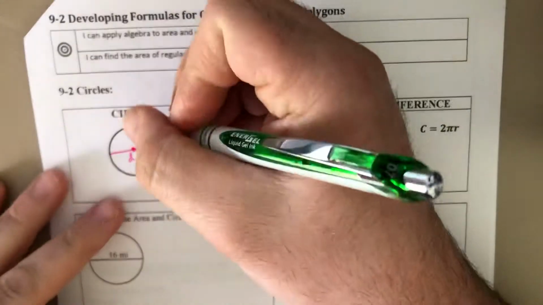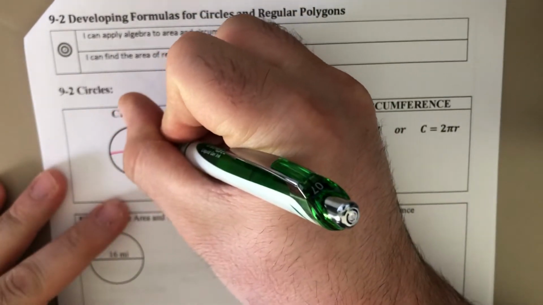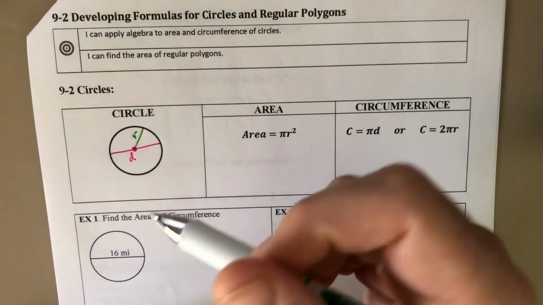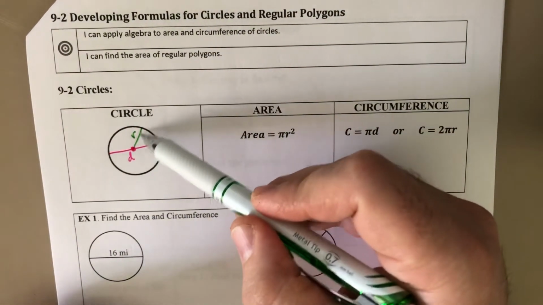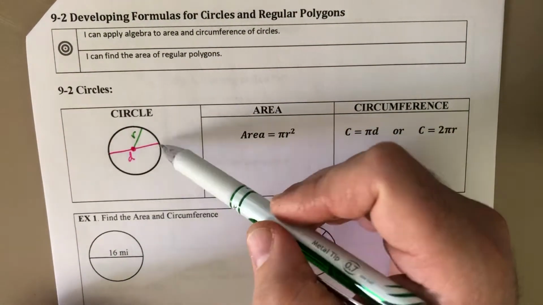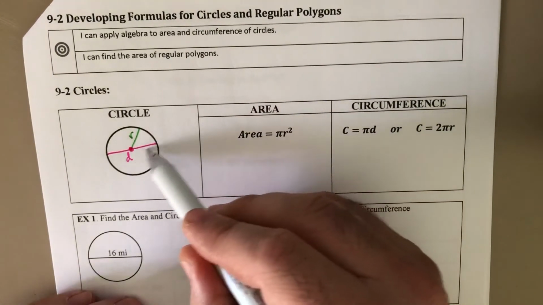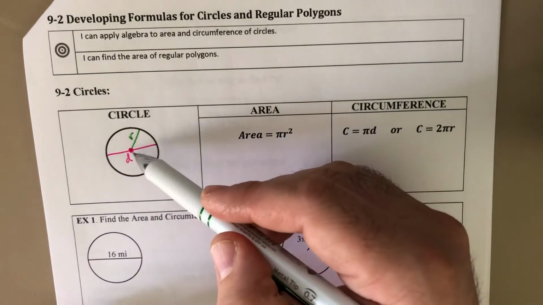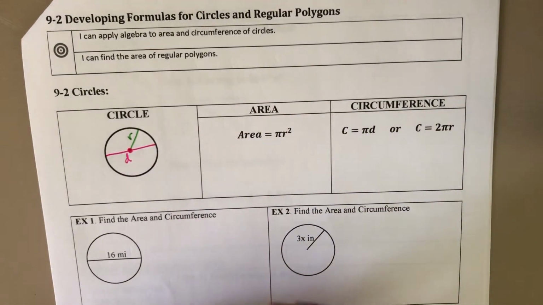And from just the center out to the edge is what we call the radius. So basically, a radius is half the diameter. Two radiuses make up a diameter. That would be a radius and that would be a radius. So diameter is all the way across the center, radius is the distance from center to edge of the circle.